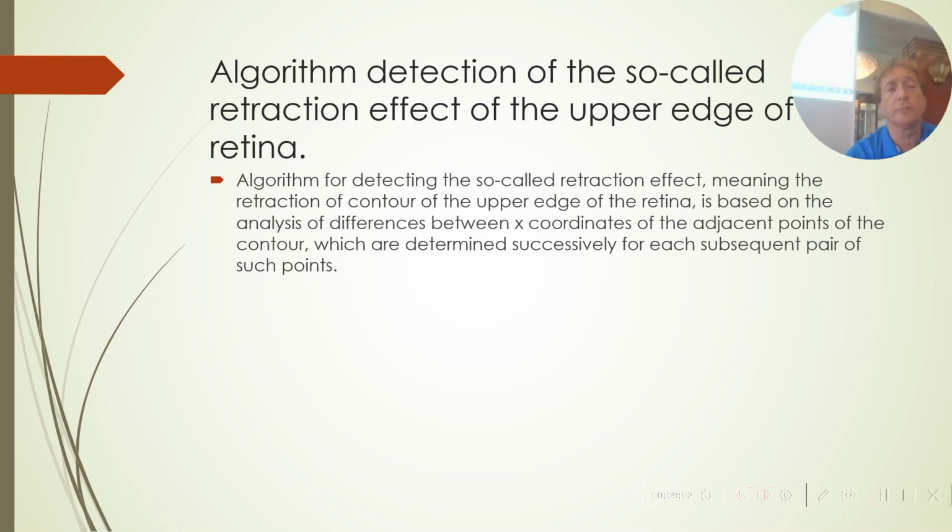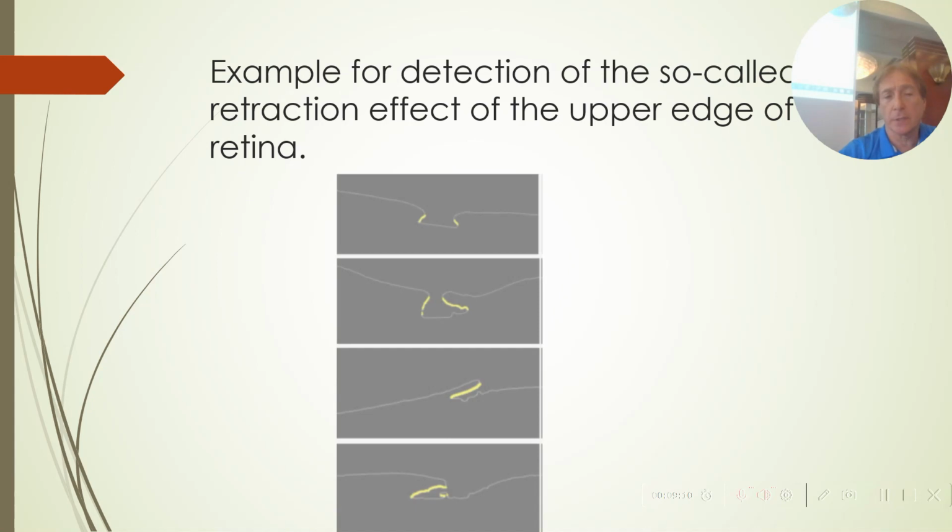The third algorithm that we are applying is the so-called retraction effect of the upper edge of the retina. We can see it here. After we detected a gradient, we can trace this retraction.